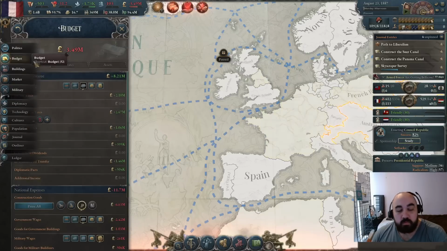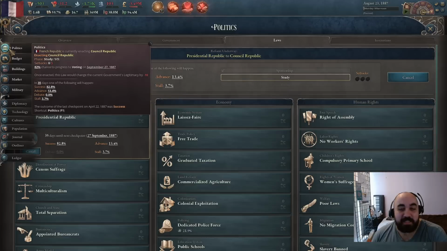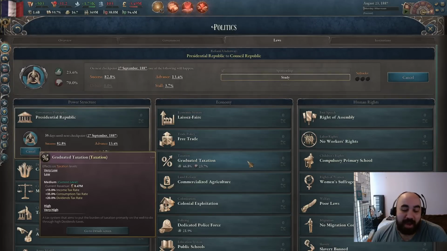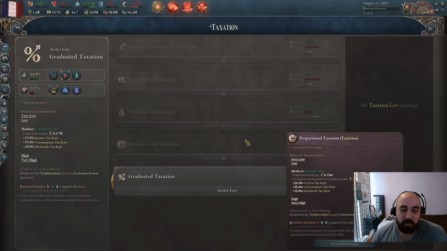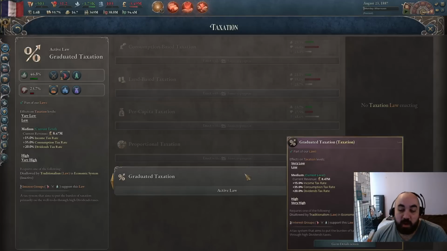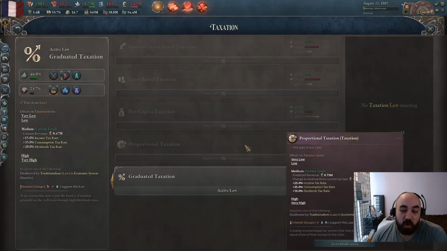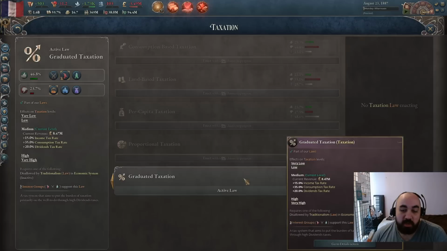And so dividends taxes are particularly good because they are taxing the right pops. We would make more money with this because when you swap to graduated taxation, you lower the income tax rate by 10% on the middling, and you only increase the dividends tax by 10%. And so this results in an overall less money extracted.